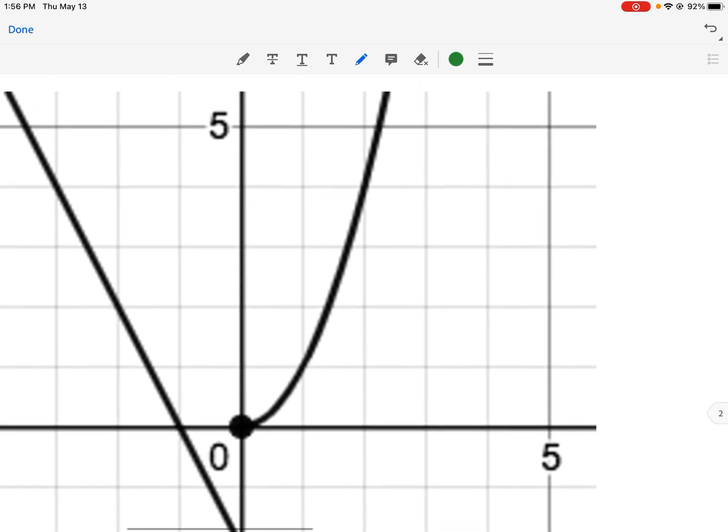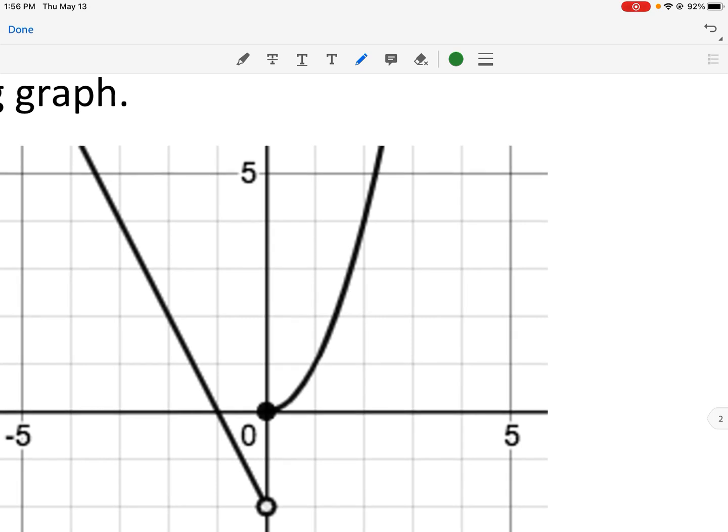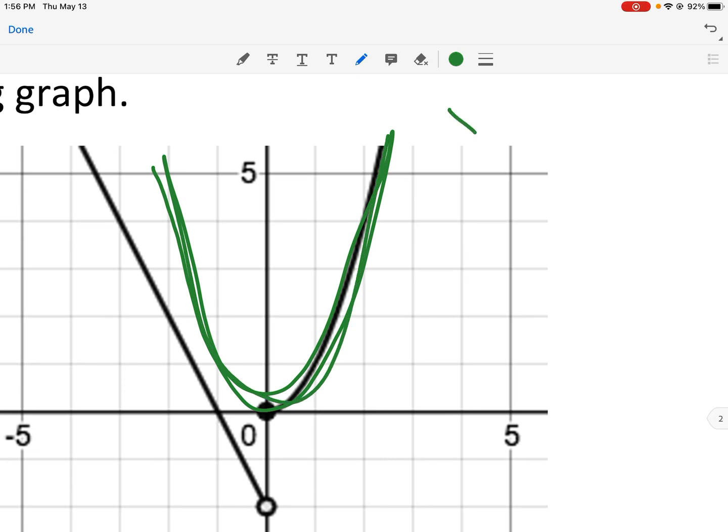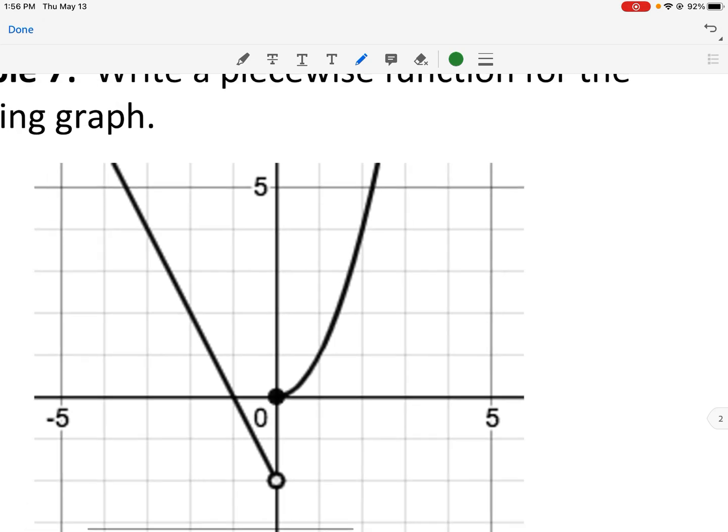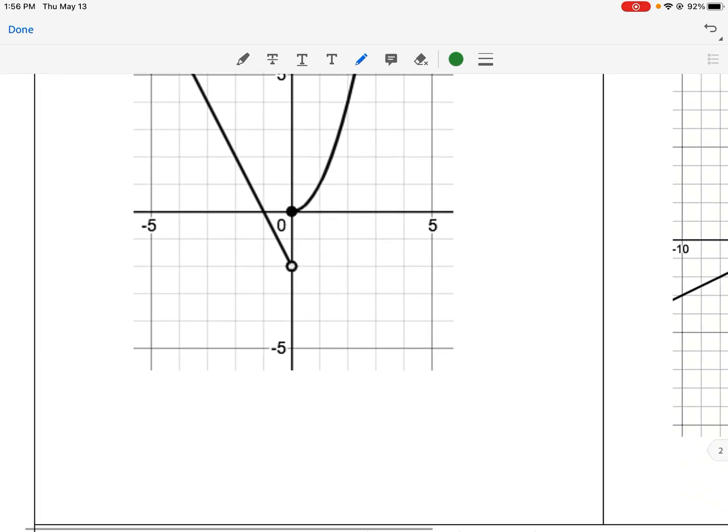We have cubic, we have quadratic, we have square root, we have all of these things, but you've got to think about it. I'm only taking a piece of whatever that parent function is. And so this is actually half of a parabola. If I had the whole graph, it would look like this. So this is half of a parabola, which is an x squared function. It's a quadratic function. So we've got to remember that as we're writing our equation.